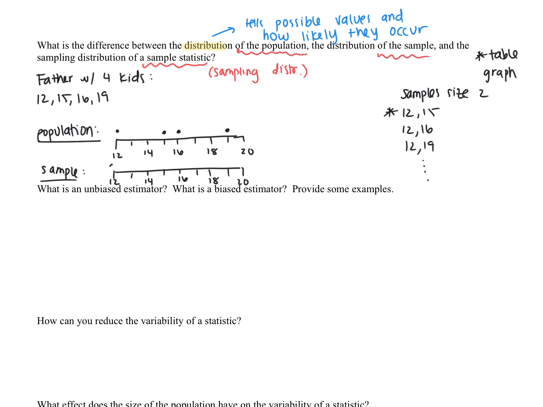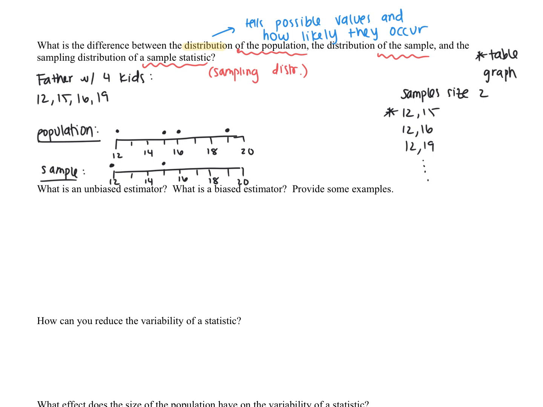So then we have a dot at 12 and a dot at 15. Again, each dot represents an individual, and it is an individual in that sample. All right, so if I took a different sample of size 2, there would be different people there.